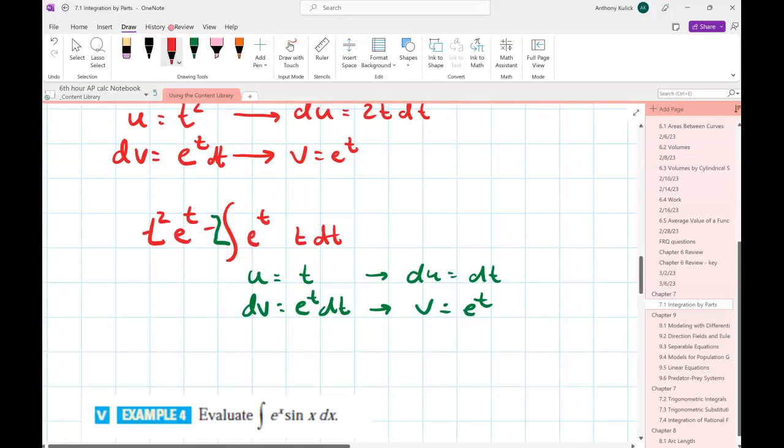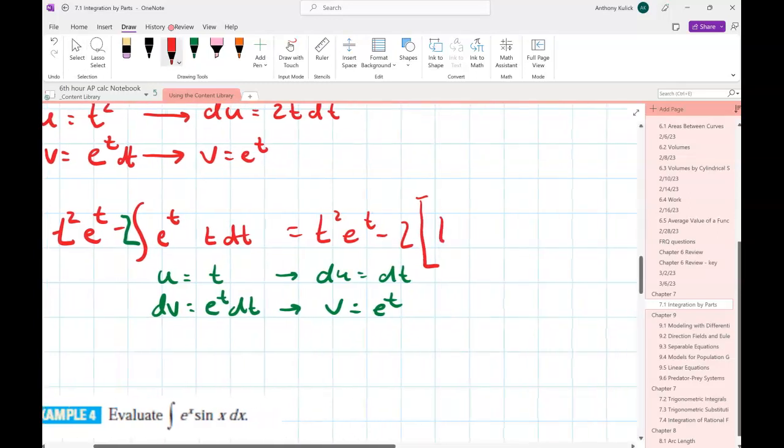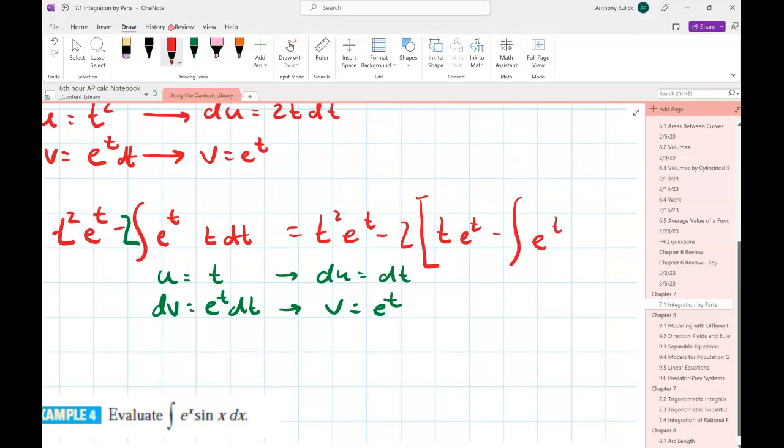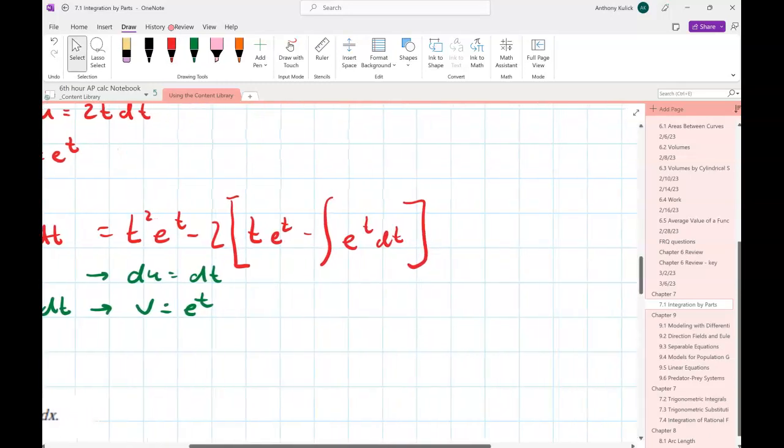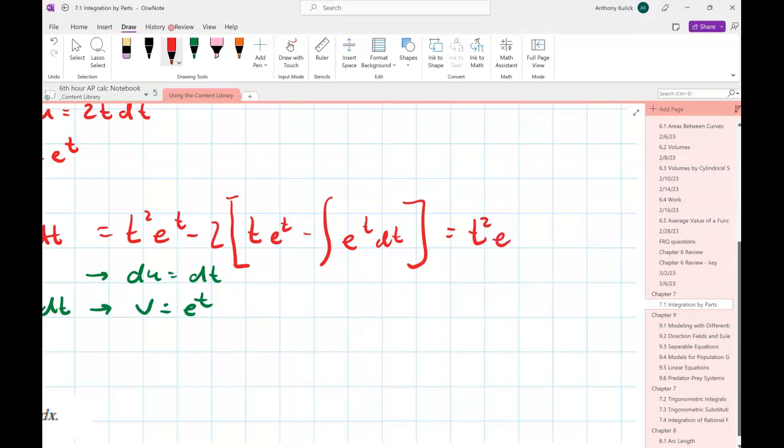All right. So this is going to equal t squared e to the t minus 2 times, and I have uv minus the integral of v du, and that one is easy. That integral is easy to do.